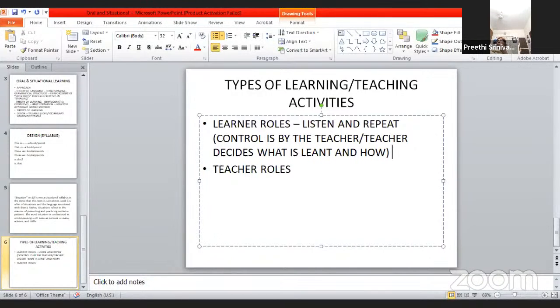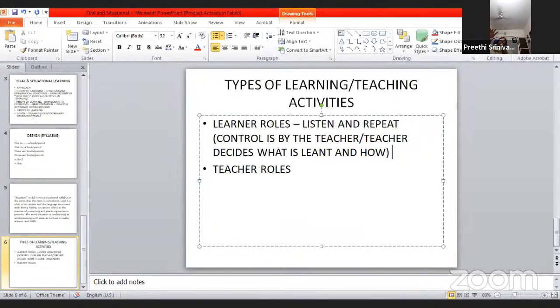In a situational language learning class, they will be given structures. So even to introduce yourself, you will be given a sentence full of sentence patterns. My name is, I come from, my occupation is.